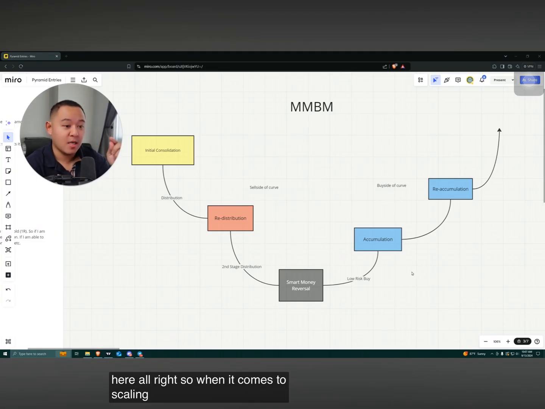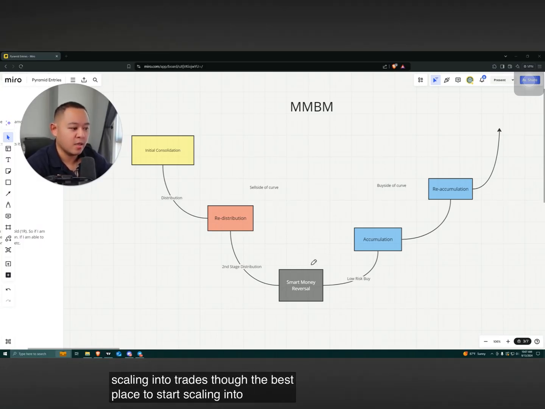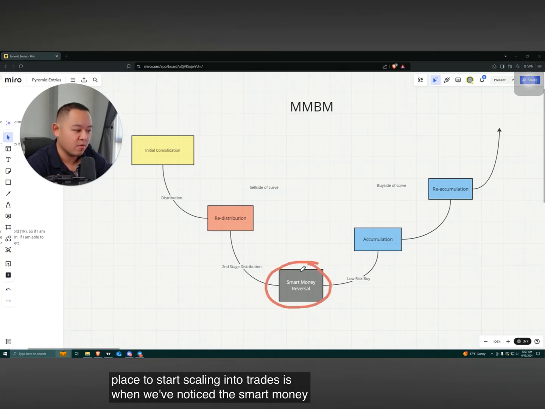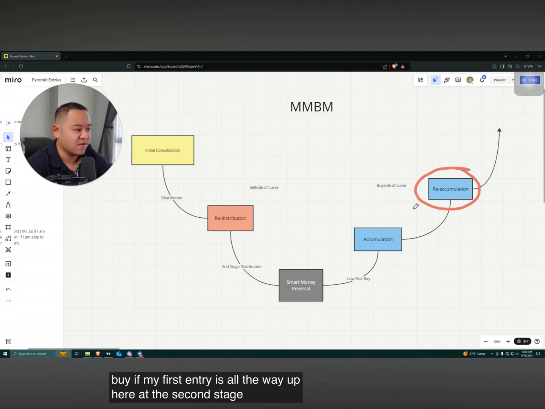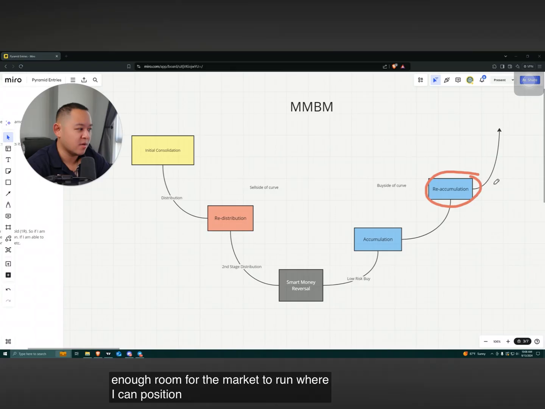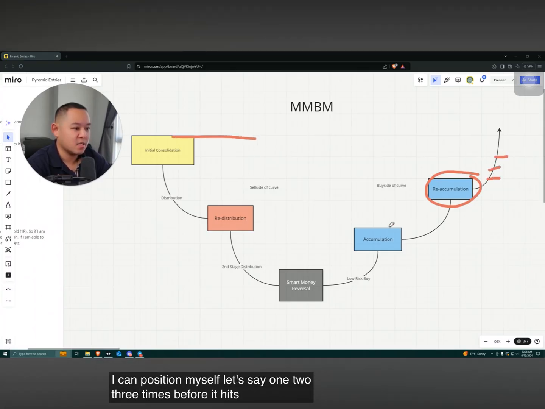All right, so when it comes to scaling into trades, though, the best place to start scaling into trades is when we've noticed the smart money reversal, and then our initial entry occurs at the low risk buy. If my first entry is all the way up here at the second stage of reaccumulation, I don't really have enough room for the market to run where I can position myself let's say 1, 2, 3 times before it hits that final TP2.